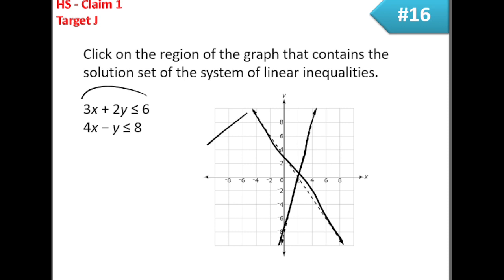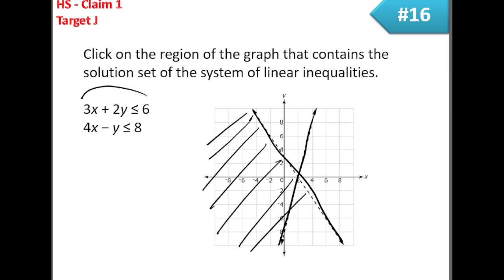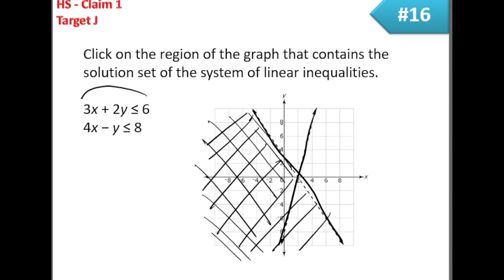So this one is going this way, and the other one's going this way. Oops. Just to undo. This one is going here. So it's this here. So that's the solution set where they overlap.